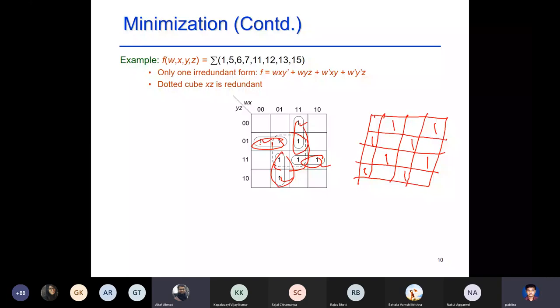Okay. So this is a typical checkerboard structure. This is actually W XOR X XOR Y XOR Z. You cannot minimize this.